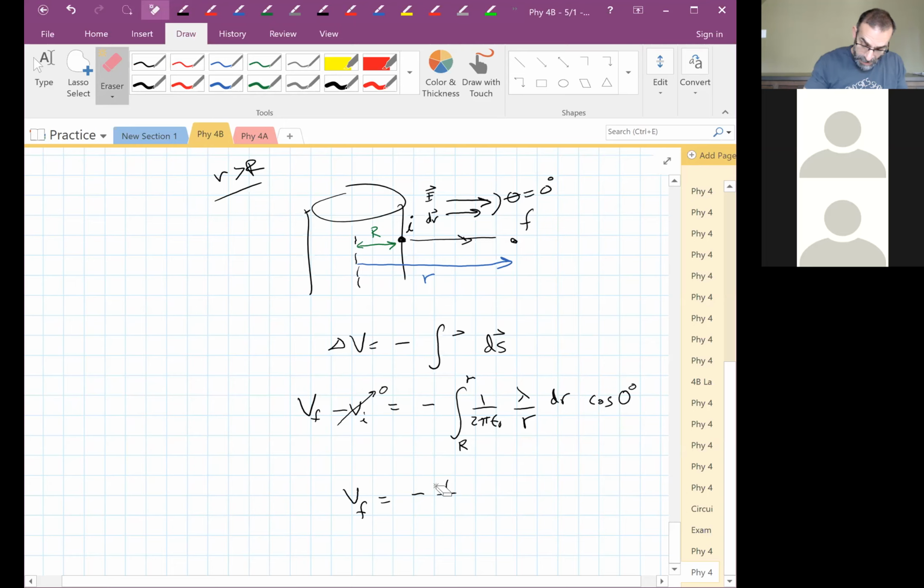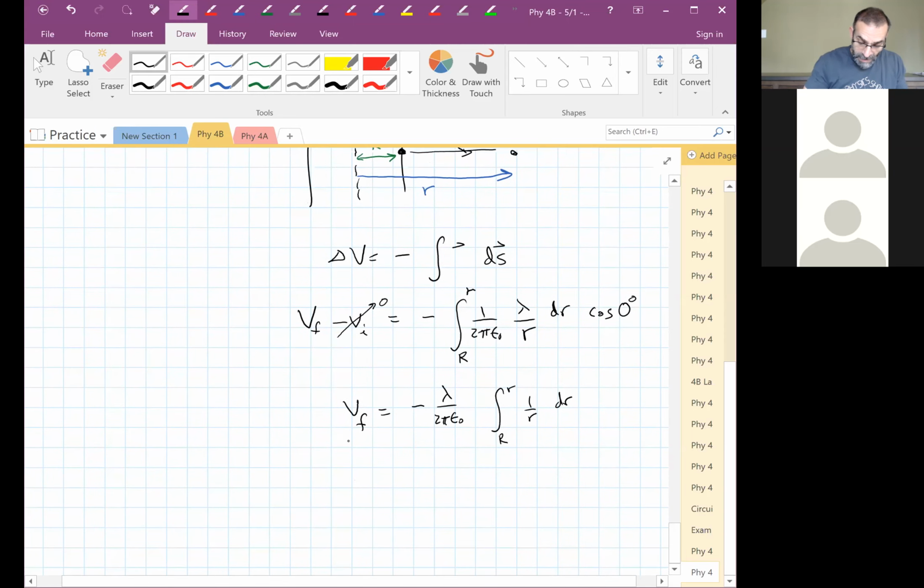So lambda is a constant. It comes out also. Lambda over 2 pi epsilon naught. And this is just the integral of 1 over r, right? And now, well, let's finish our integral first. And then at the end, we'll check the signs.